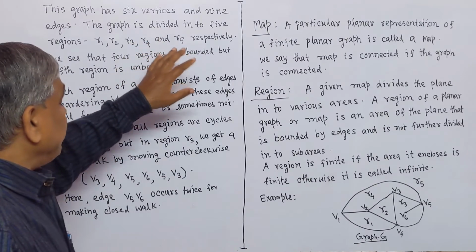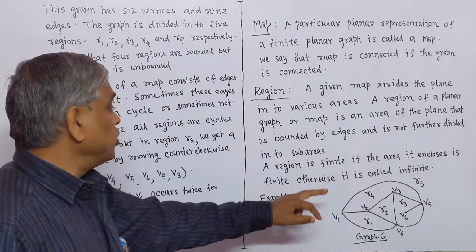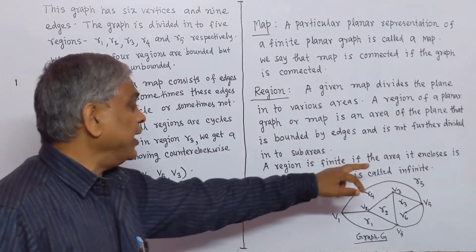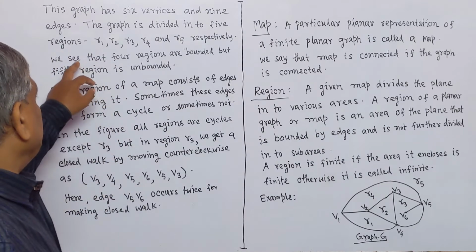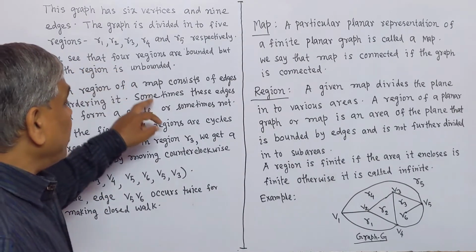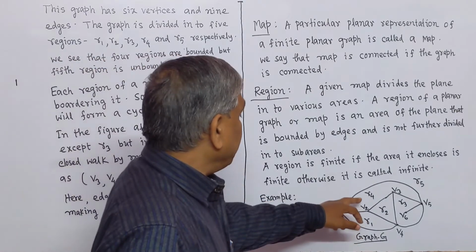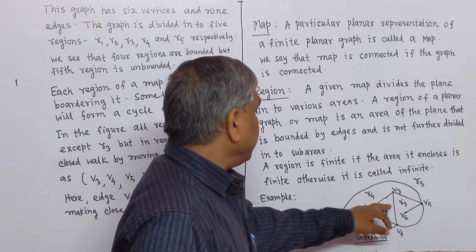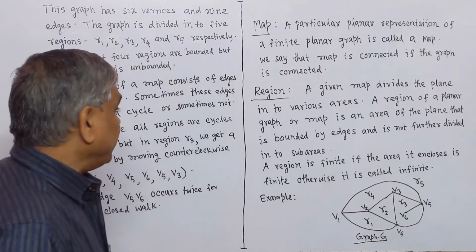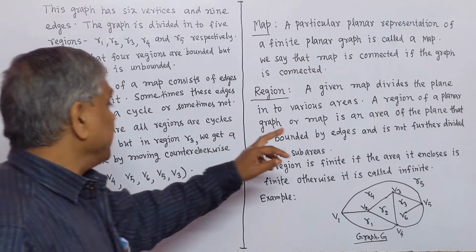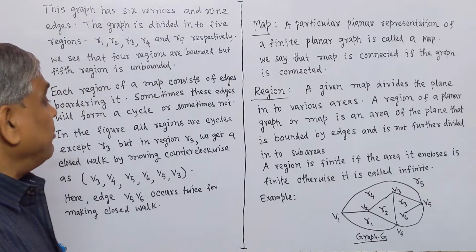The graph is divided into 5 regions: R1, R2, R3, R4 and R5 respectively. We see that 4 regions are bounded. R1, R2, R3, R4 are bounded. But R5, the fifth region, is unbounded.